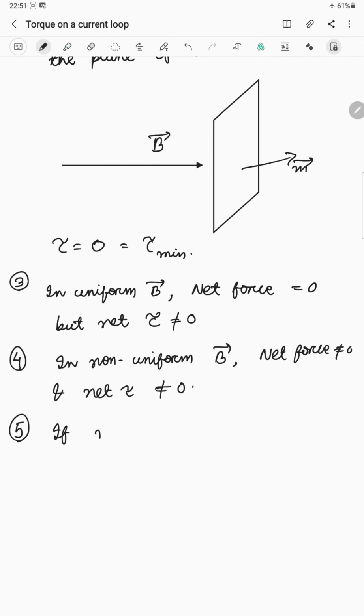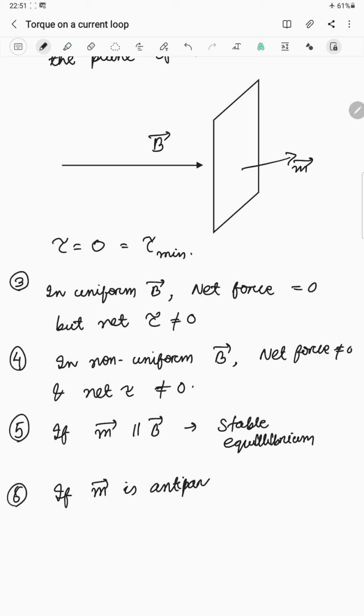And here also we have stable equilibrium and unstable equilibrium conditions. If my M vector, which is the magnetic moment of the loop, is parallel to the B vector, this is the stable equilibrium condition. Whereas if the M vector is anti-parallel to the B vector, this is the unstable equilibrium condition.